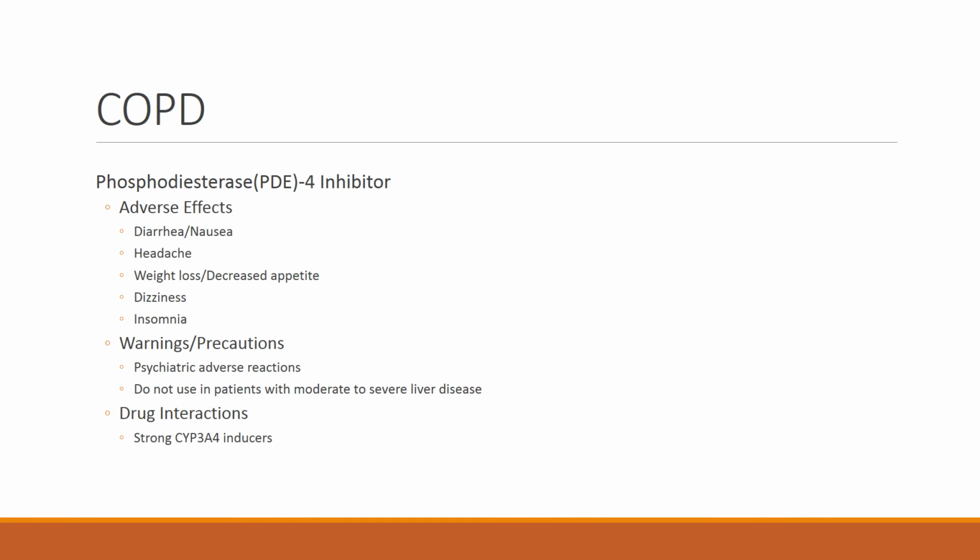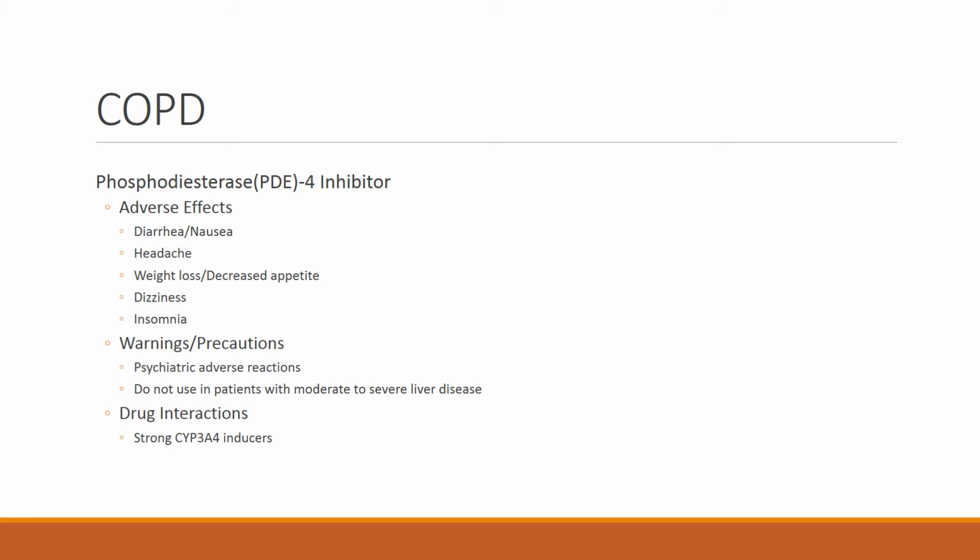Some of the adverse effects that come from the PDE4 inhibitor are mainly, since it is an oral tablet, some diarrhea, nausea, decreased appetite, headache, dizziness, insomnia. Some of the warnings, this is similar to what you saw with the leukotriene modifiers, psychiatric adverse reactions, and then the patients with hepatic disease.